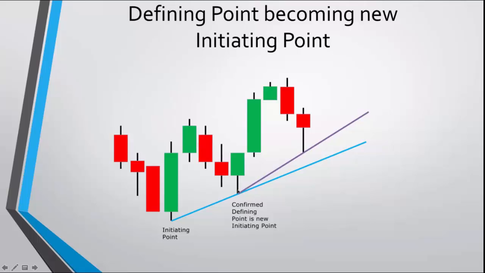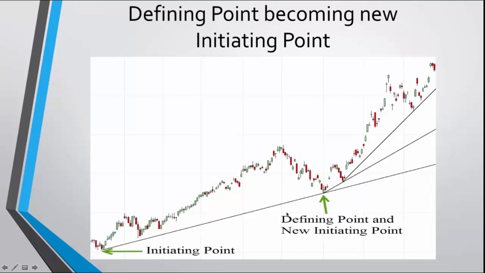We have an old confirmed defining point, which is now the new confirmed initiating point for our new trend line. And then our confirmed defining point of the second trend line is confirmed once we see the next candle does not touch it. So now you have 2 properly drawn trend lines. You have the longer trend line and the shorter trend line.